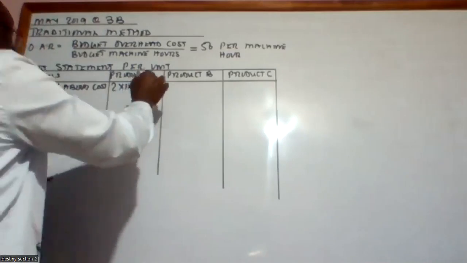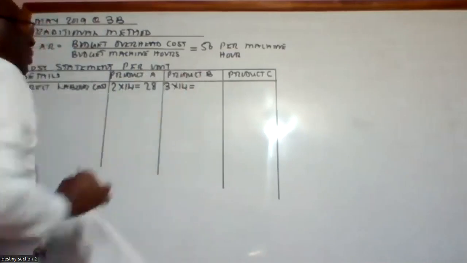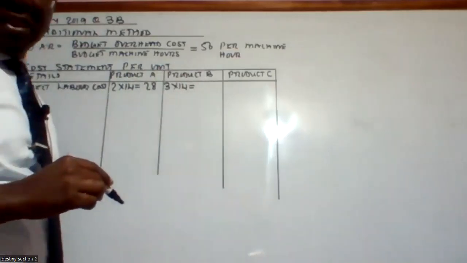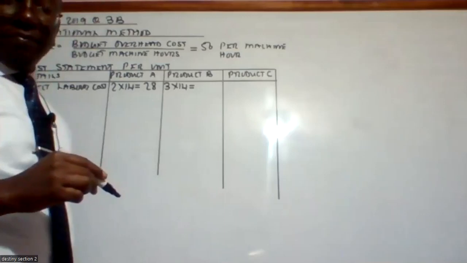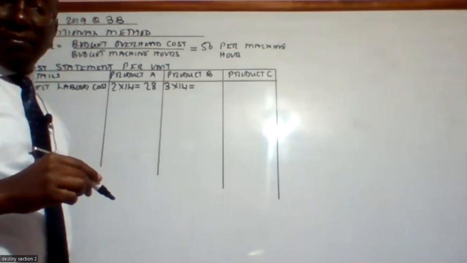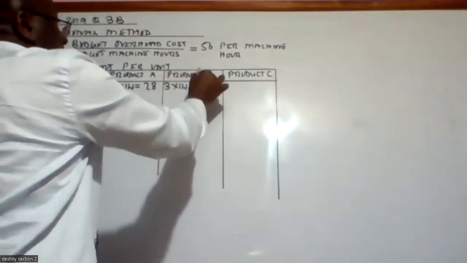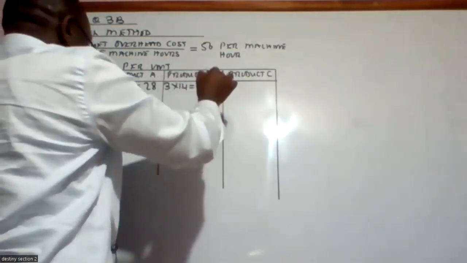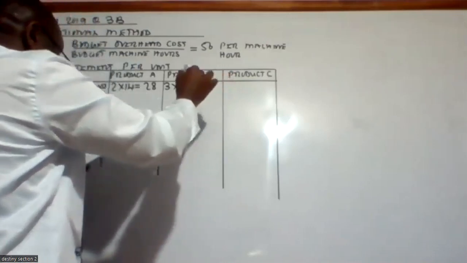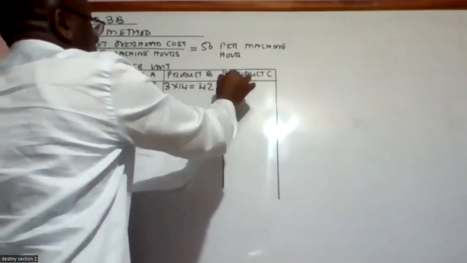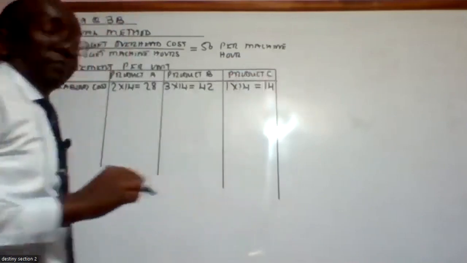So for B, it is 3. 3 times 14 is 42. And this other one has what? 1. 1 times 14. Obviously that is 14.